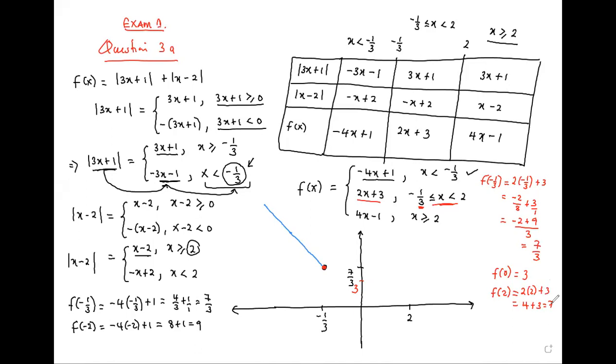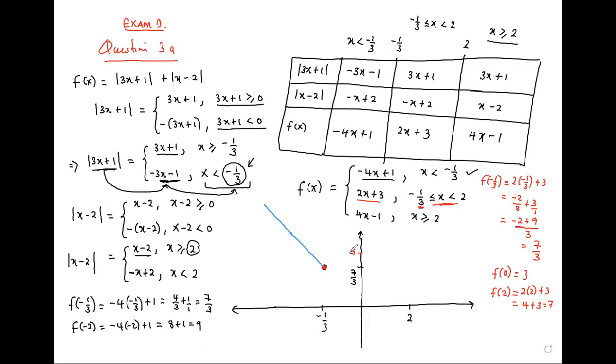Where is 3, sir? Above 7 over 3. Oh, 3 is above 7 over 3. Okay. This is 7 over 3. And then 3 is here.